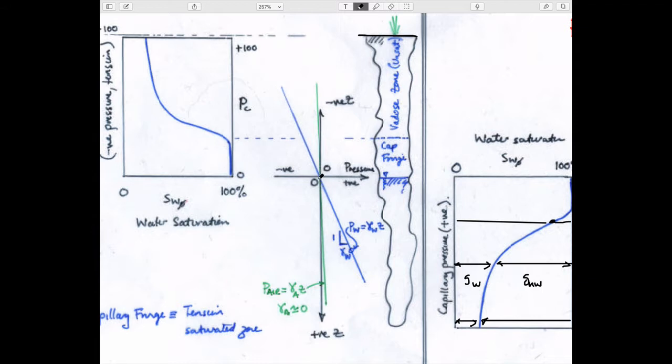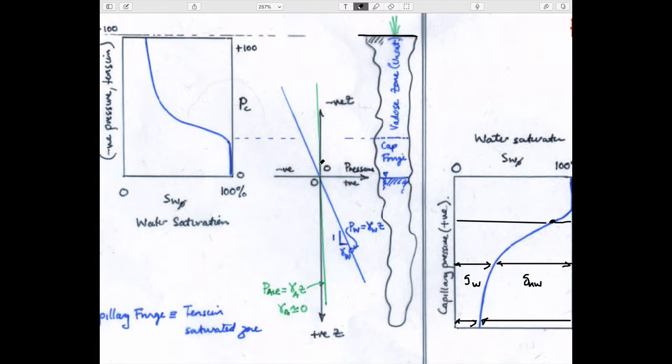And so as you go up here, the pressures go from 0 to progressively more and more negative water pressures, which is really saying that if you want to get up to this point here, you have to be able to hold a column of water up, which is equal to this height. And it's the force you have, the pressure that you have to apply to hold up that column.